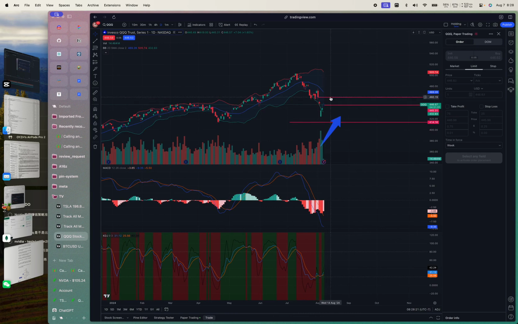For example, if it surpasses this pressure line, it's very likely it will go up. But if it drops below this one, then I guess there will be another bearish week.